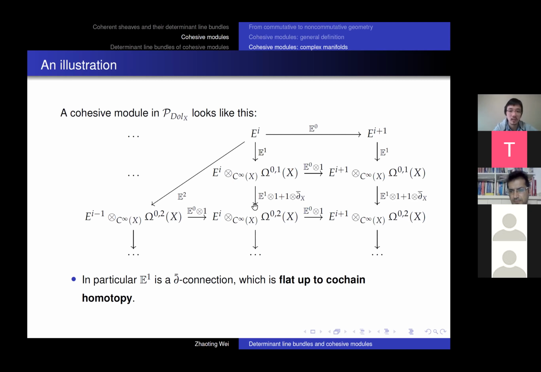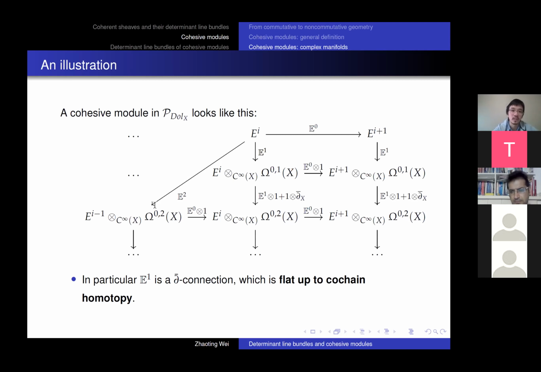So E1 composed with E1 equals this and this. It's just flat up to cochain homotopy. And of course, this E2 needs to satisfy higher compatibility relations with E0, E1, E2, E3, that satisfy higher coherent relations, and so on and so on.